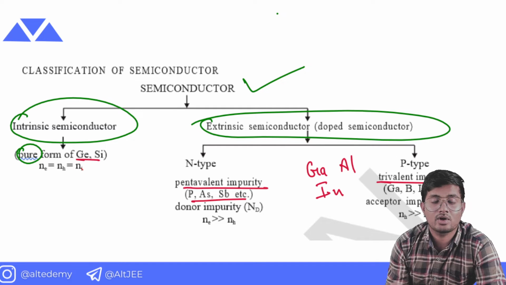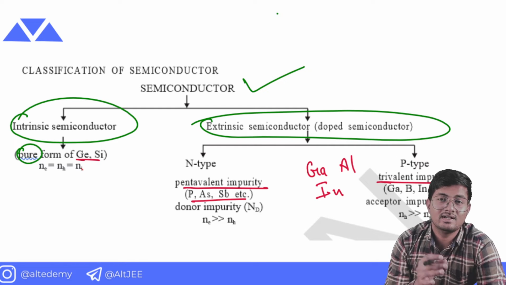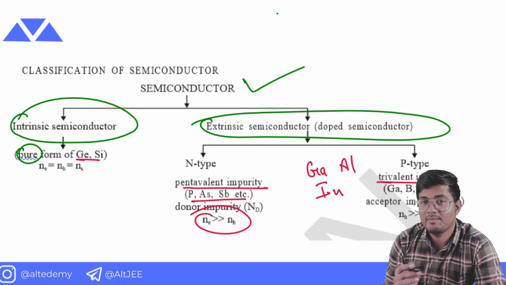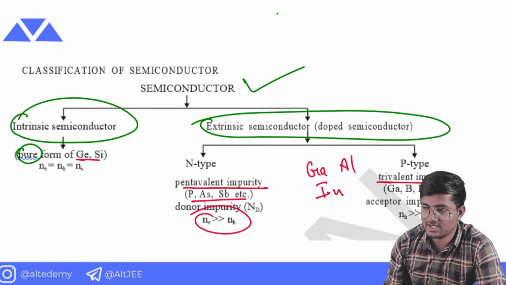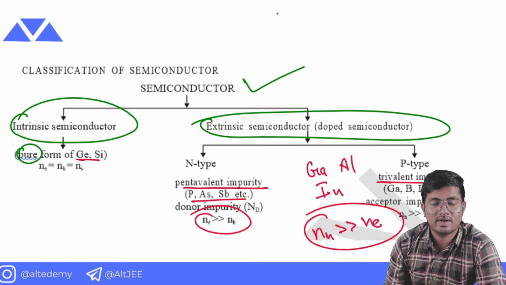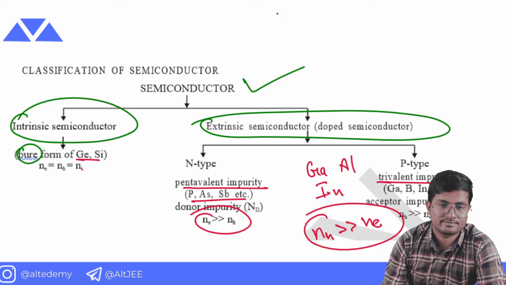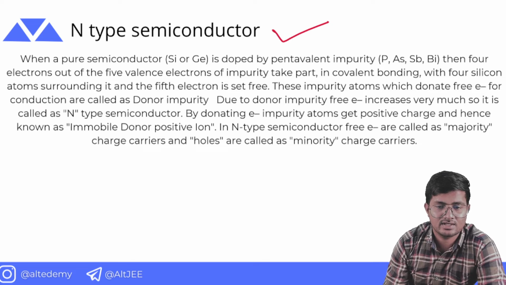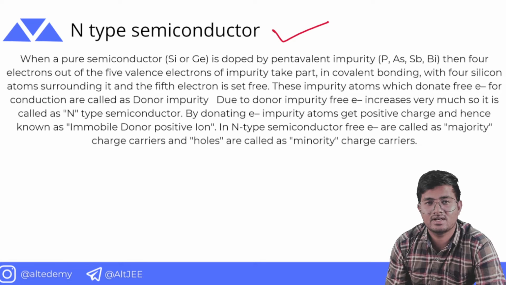So when we talk about n-type semiconductor, the concentration of electrons is more than holes, and in case of p-type impurity, the concentration of hole is much greater than concentration of electron. All right, this is my p-type. Great. And then this is the theory for n-type semiconductor. How n-type semiconductor will be formed.